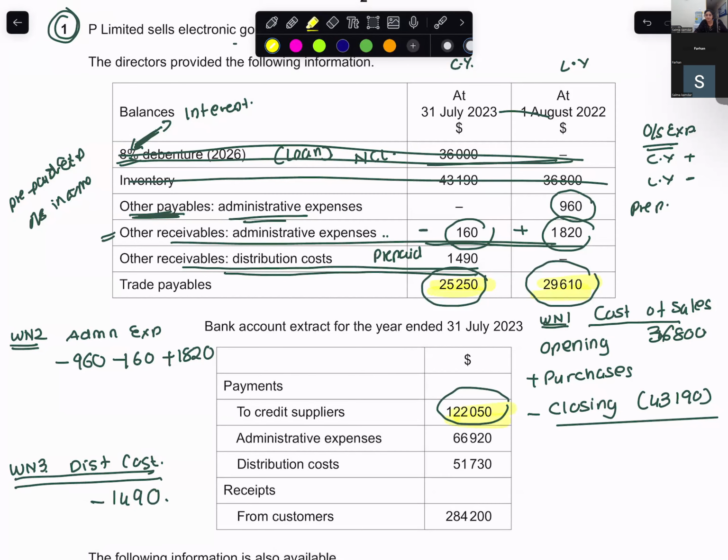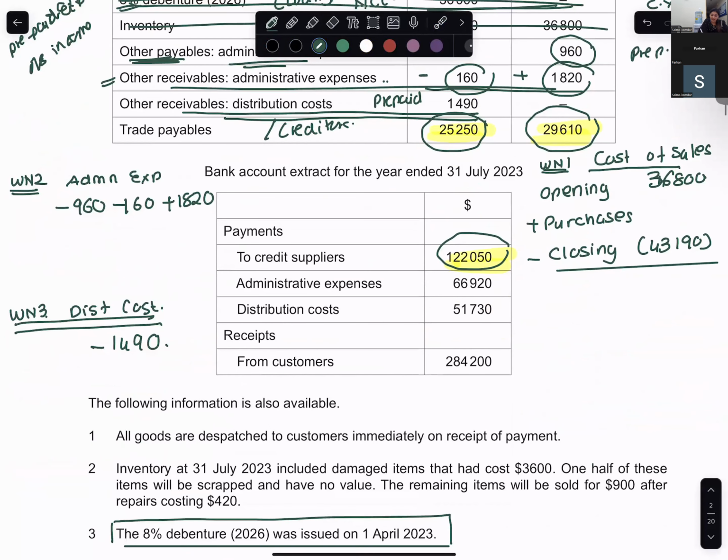Whenever you have opening and closing trade payables in an income statement or a club and society, trade payables or creditors, it is an indication that you have to find purchases. And how will you find purchases?